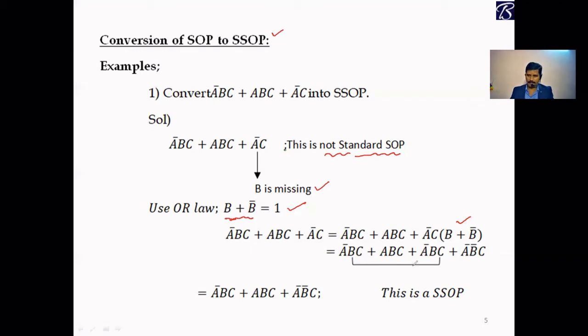So we take only one term among these two. Then we can write this expression. Now this is a standard SOP where all the min terms consist of all the variables.